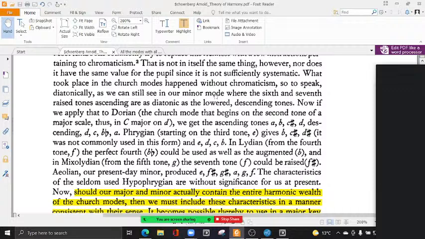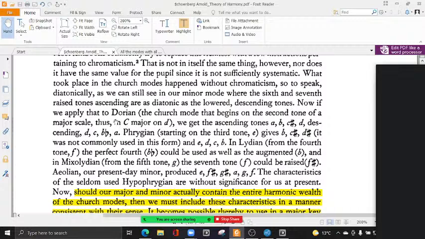The Aeolian, the one taken from Aeolian, or the A natural minor, whatever you want to call it. Where the sixth and the seventh tone ascending, raised, are as diatonic as the lower descending notes. So they're considered to be diatonic by now.